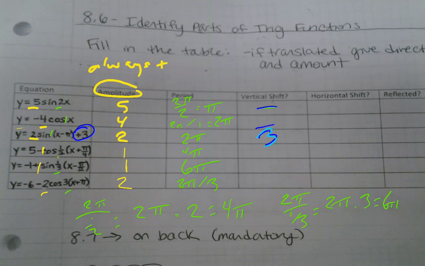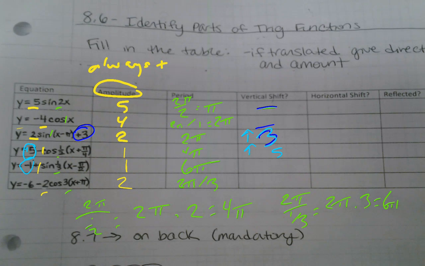Look at the next one. I'm adding a 5. This is a positive 5, not a negative 5. I didn't even follow my instructions. So the 3 would have been up 3, and the 5 will be up 5.